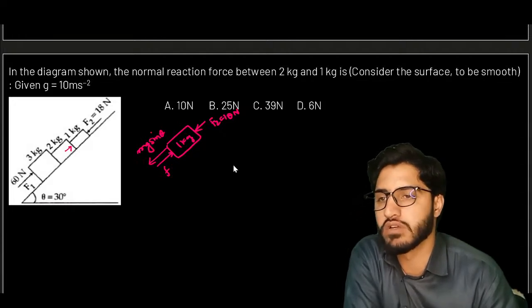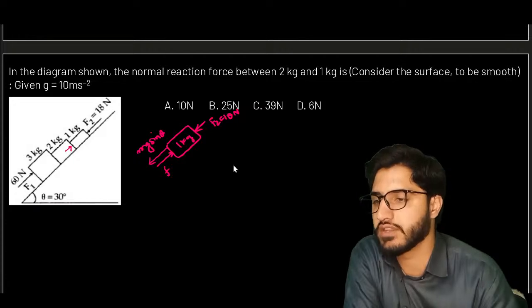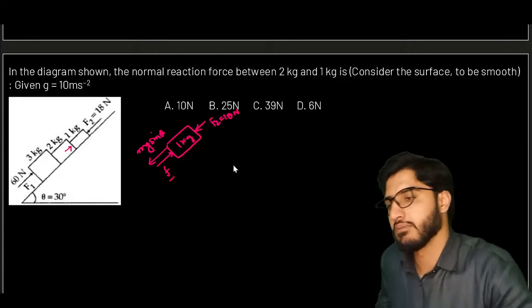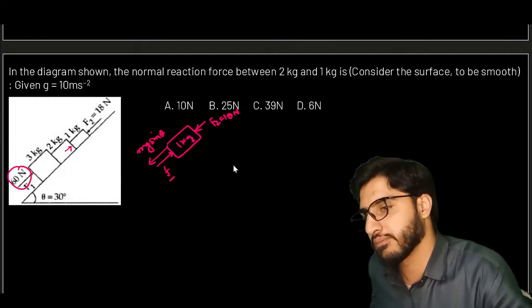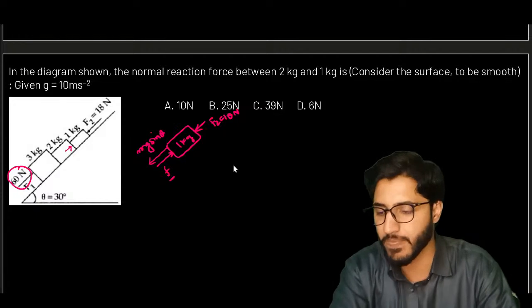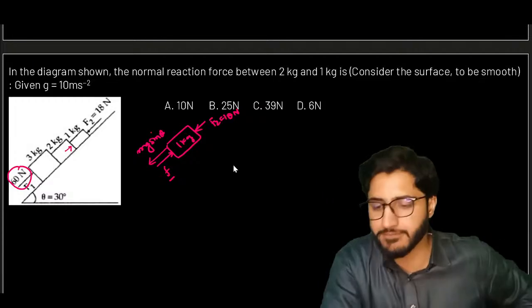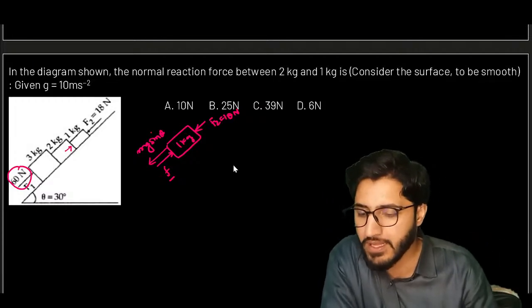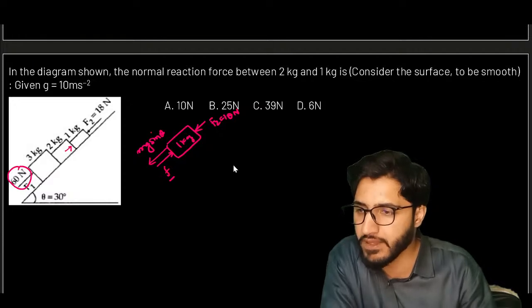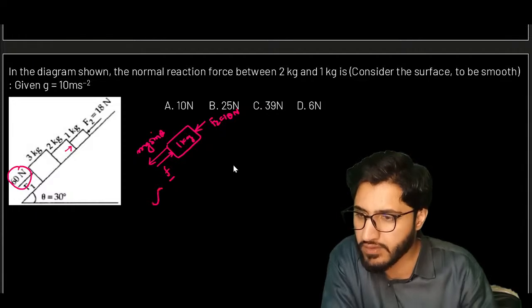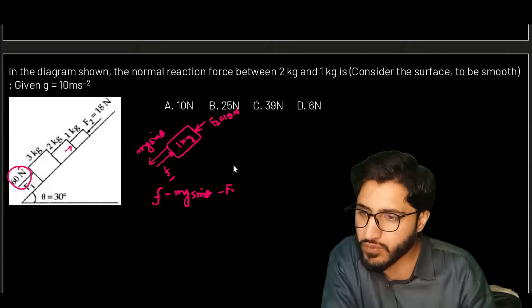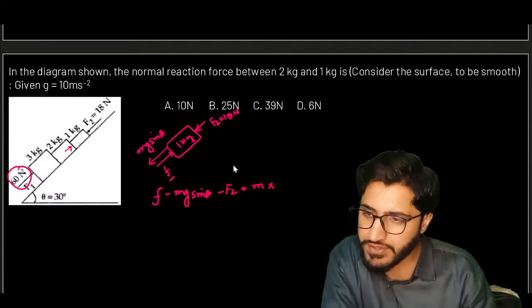What we need to find out is this F. Due to this one, we have some component acting on it. So can I write F, that is this F, and mg sine theta minus F2 is equal to mass into acceleration.